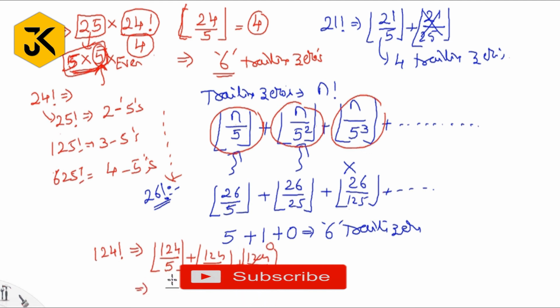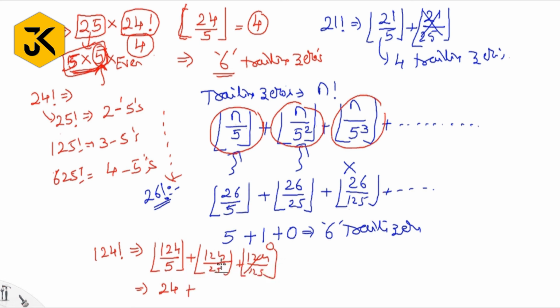So 124 by 5: 5 2s are 10, 5 4s are 20, so 24, plus 124 by 25. How many extra 5s will we get here? 25 4s are 100, so we get 4. So total 28 trailing zeros are there at the end of 124 factorial.